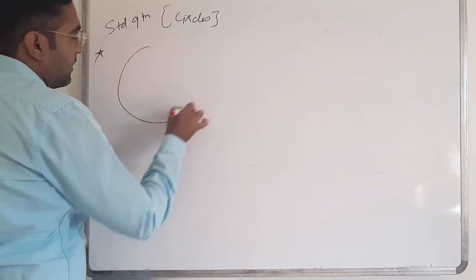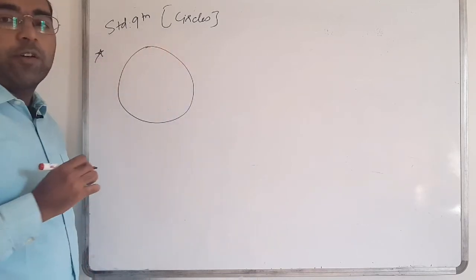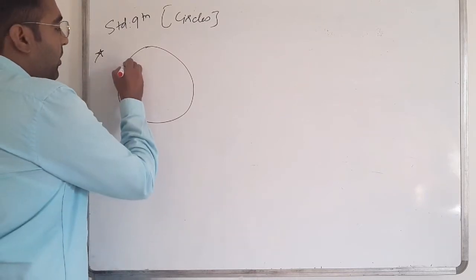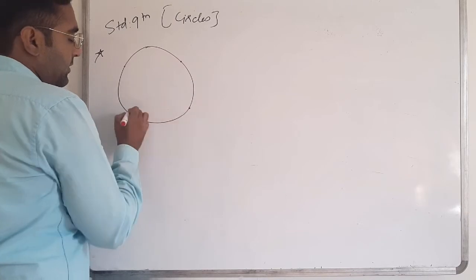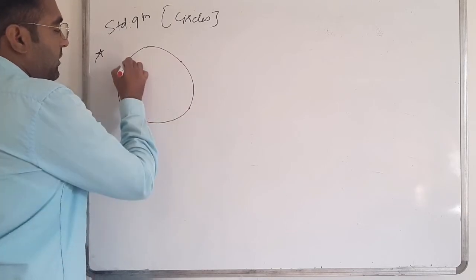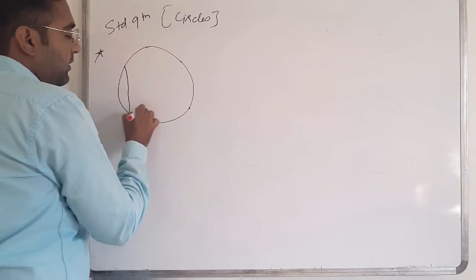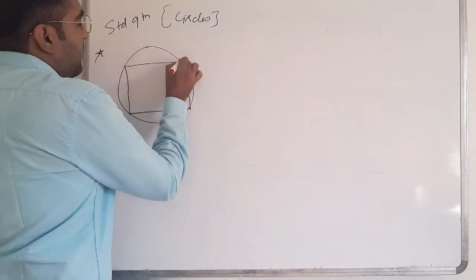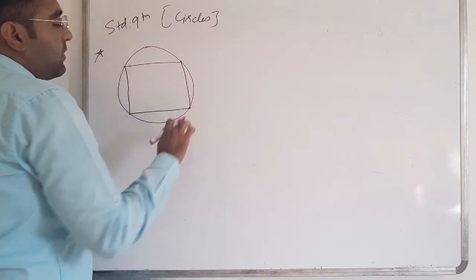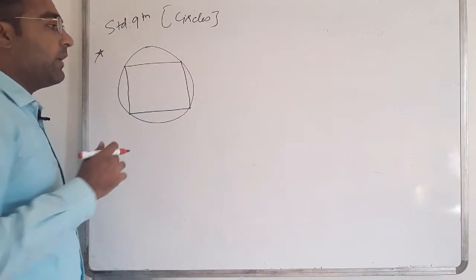Here is a circle, and in this circle all vertices of the quadrilateral are on the circle. So this kind of quadrilateral is known as a cyclic quadrilateral.